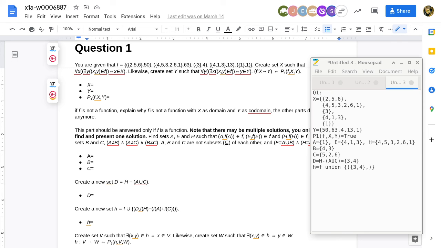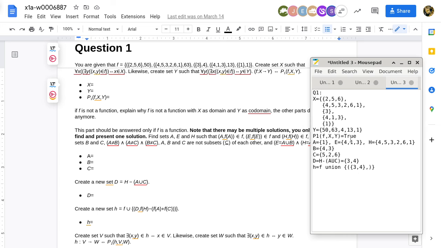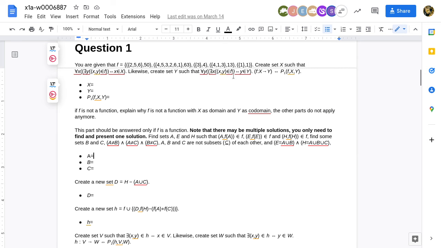H is this one here. I was using the pointer in the wrong window. Let me get back to here. There we go. So H is actually 4, 5, 3, 2, 6, 1. Okay, so it corresponds to the second element. So it corresponds to 63. Yep. So that 63 is f of H.